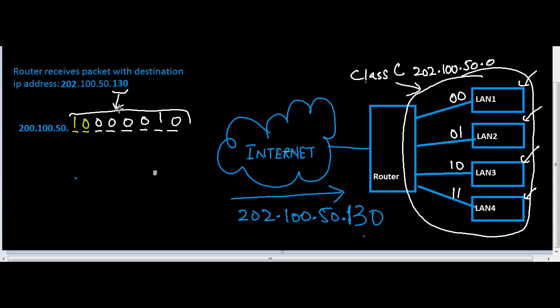In binary form, 130 equals 10000010, and as we can see, our subnet bits in this case are 10. So these are our subnet bits, and the subnet ID is 10. So this packet will be forwarded by the router on this link to LAN 3.